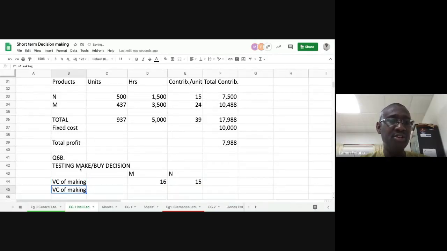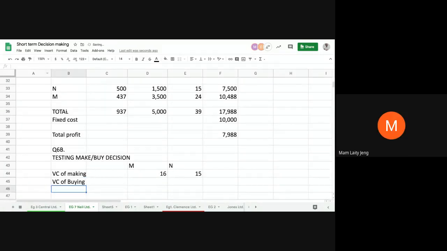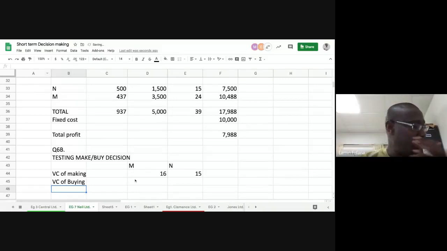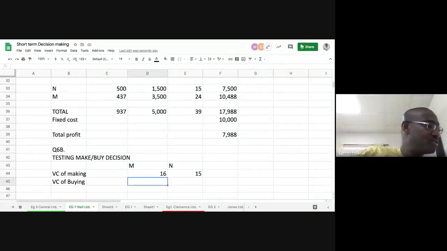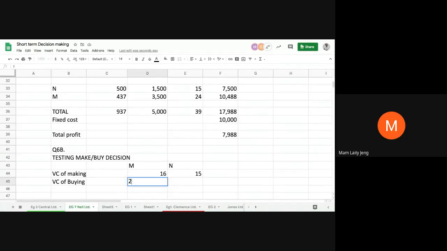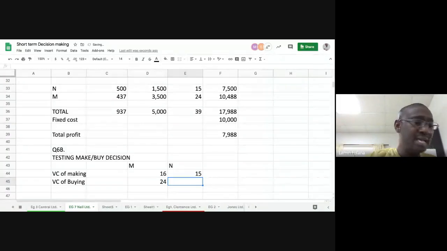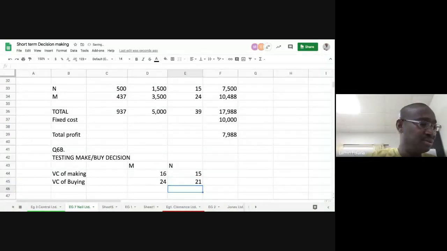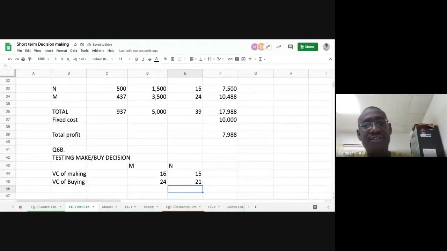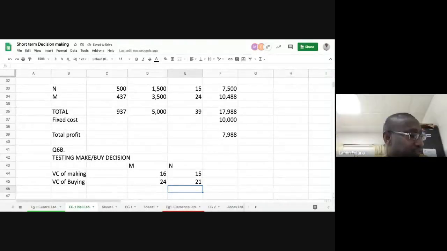The variable cost of buying in this situation is the buying price or purchase price, which is 24 for M and 21 for N.